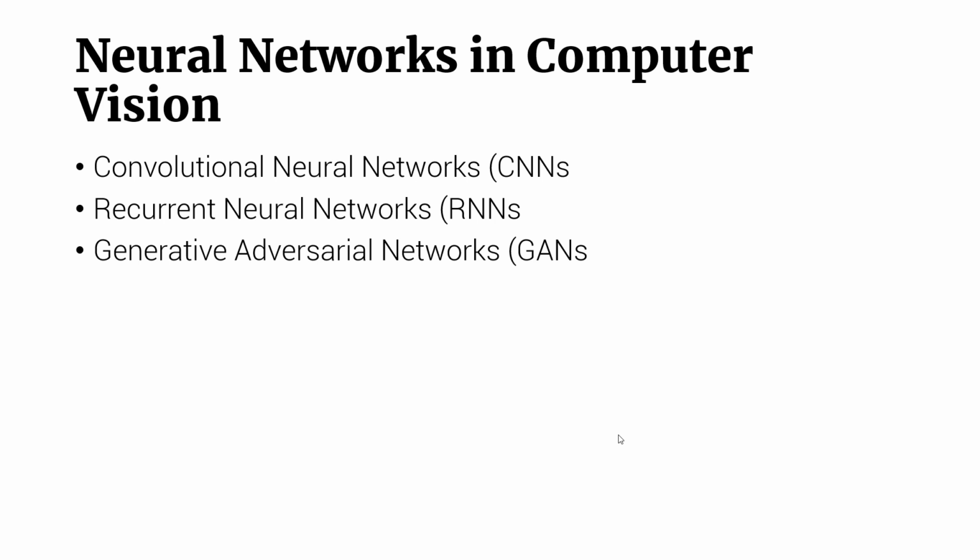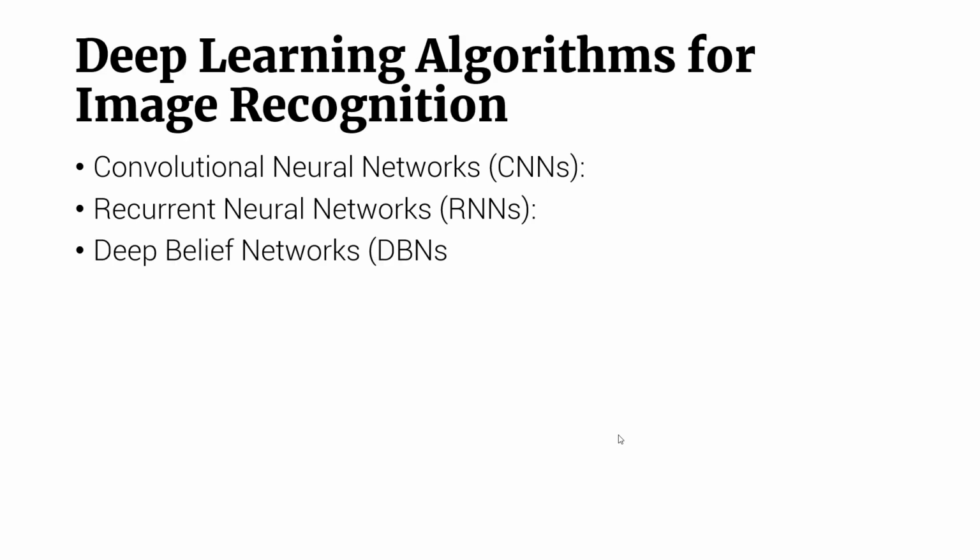When we say generative, again, no, they are comprising a generator and a discriminator, meaning they are used for generating realistic images and data by learning from training set. So these are the neural networks in computer vision: convolutional neural network, recurrent neural network, and generative adversarial networks.